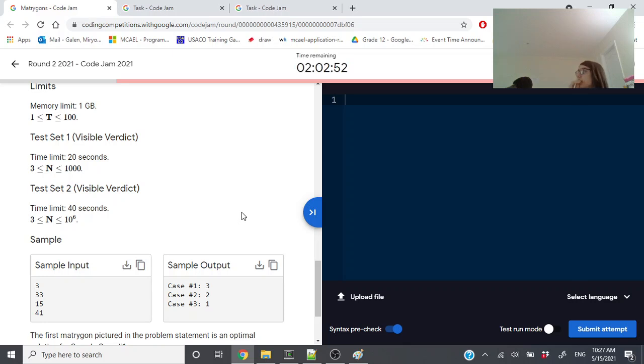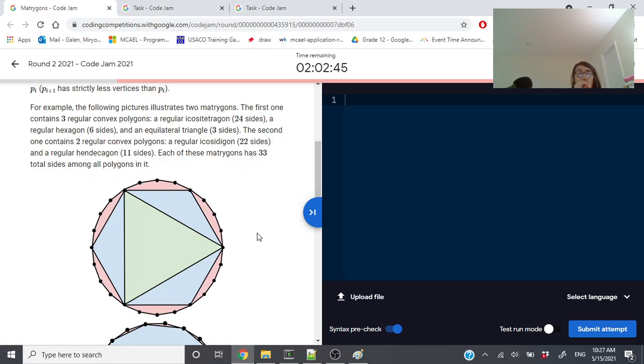Interesting. Why don't we use like powers of 3? For 33. Yeah, we could do something like that.